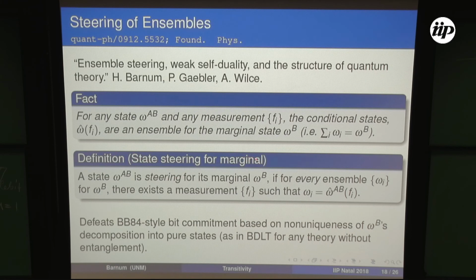And then we say a state is steering for its marginal if for every ensemble for the marginal omega B, there's a measurement f_i on A indexed by i such that omega sub i is the unnormalized conditional state conditioned on f sub i. So we're steering to that ensemble. Among other things, this defeats bit commitment schemes that are based on non-uniqueness of decomposition into pure states, because you can steer to any ensemble. This was the original quantum no bit commitment argument, or part of it, the argument against this type of scheme.